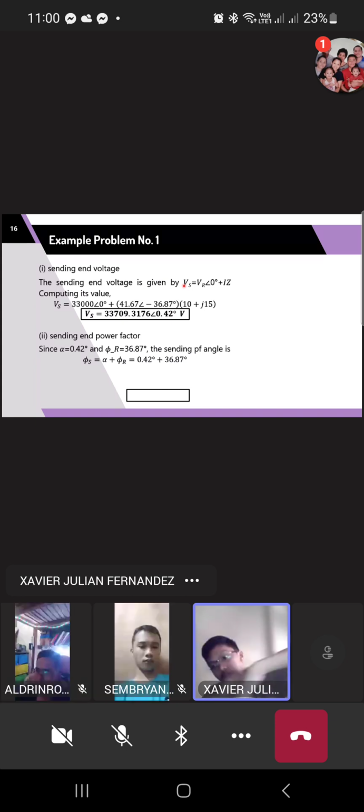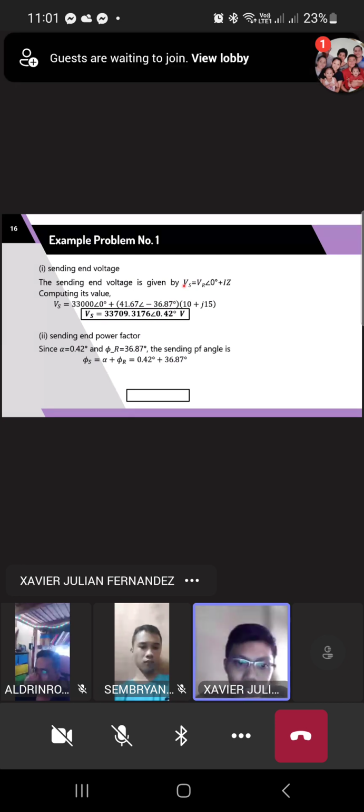So to get the total angle, you just add: 0.42 plus 36.87 degrees. So the power factor angle is 37.29 degrees. Cosine of that is 0.7956 lagging. So the power factor of your sending end is 0.7956 lagging.